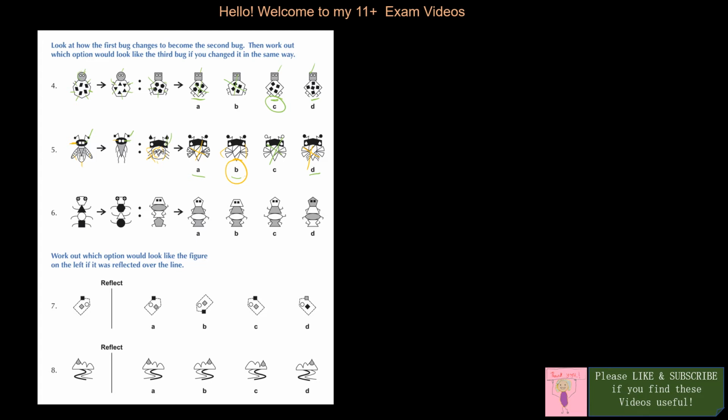Next, 6. What happens here? Okay, the shapes again. What's happening is we have 1 2 3 4, 1 2 3 4. This is four-sided, and it becomes 4. So it is still four-sided, but it looks different, doesn't it?